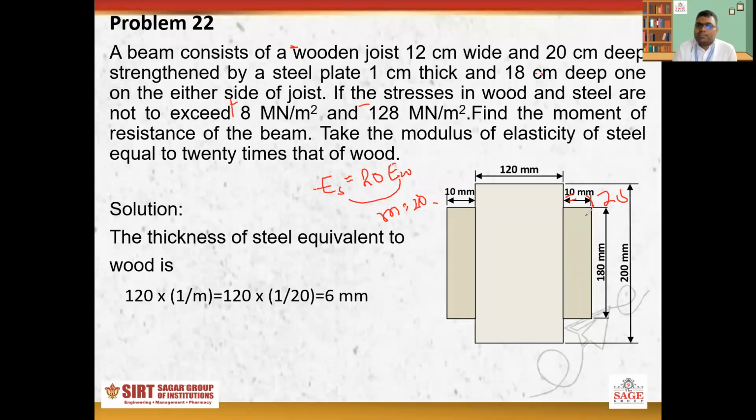What is the method? That is the simple method. The thickness of steel equivalent to the wood. This is wood, and we are going to convert it in the form of steel. So the whole system will be converted to steel.